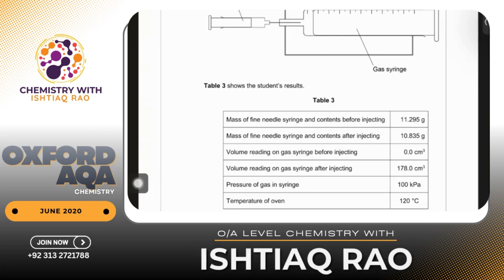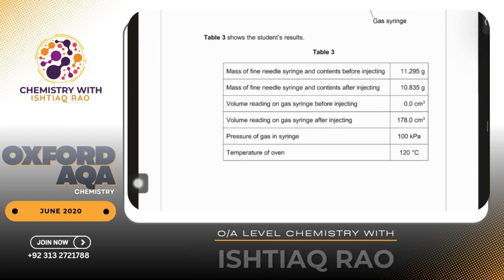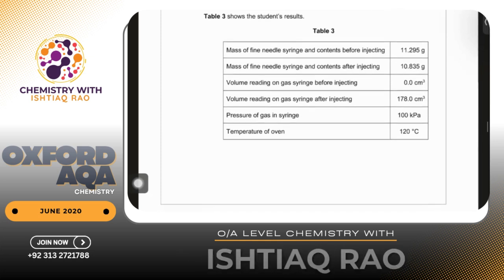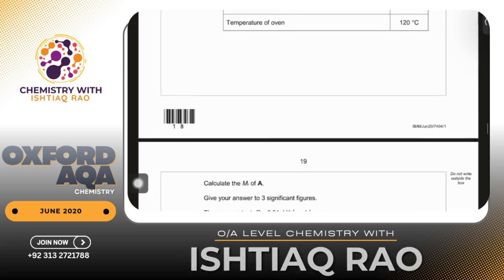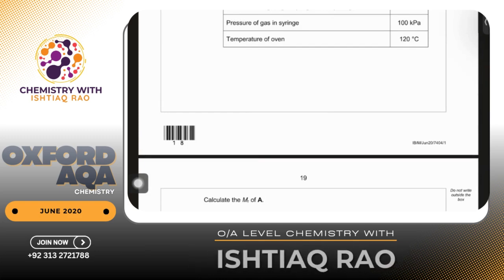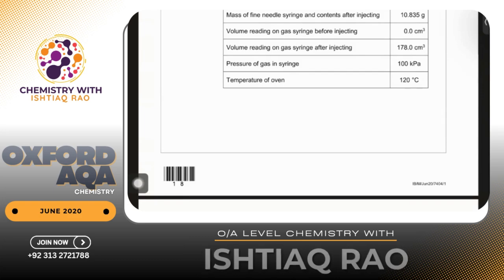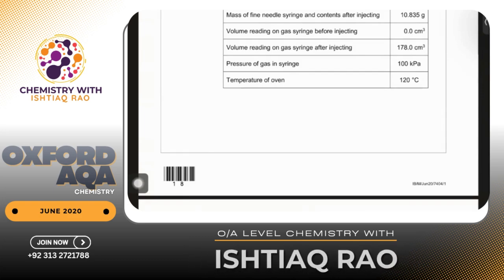What do we need to find? Volume is given, pressure is given, temperature is given, mass is given. So you can find the MR. Number of moles is equal to mass over MR. Since the mass is given, you can apply the formula.